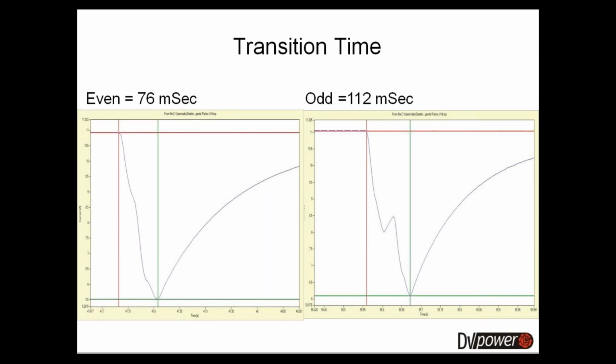So here you have a difference between operation on even and odd tap changer positions, so that the odd transitions are significantly longer, for example, 112 milliseconds compared to the even ones. And this can indicate that either the spring operating the tap changer has lost some of its power, or that there is some other type of mechanical problem which is causing this to slow down.